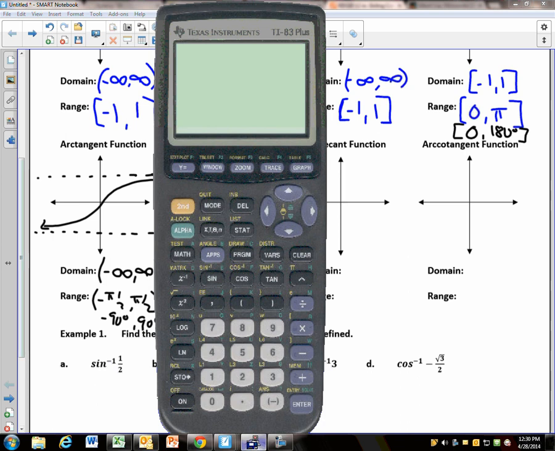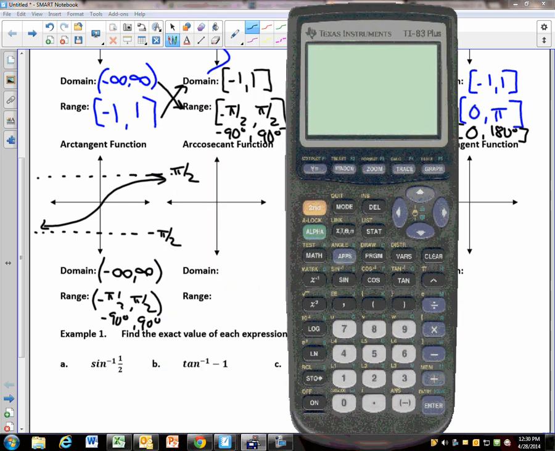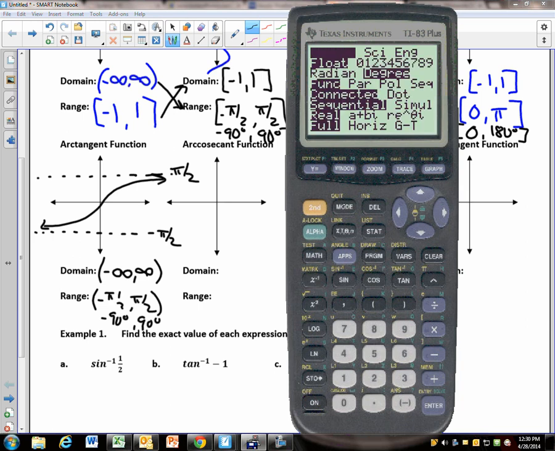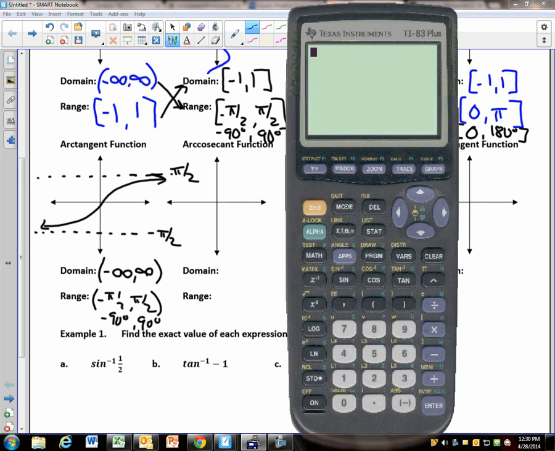Okay, take out your calculator. Mode. Let's work in degrees. Watch what happens here. Sine inverse, type in -5. What do you get? Why?